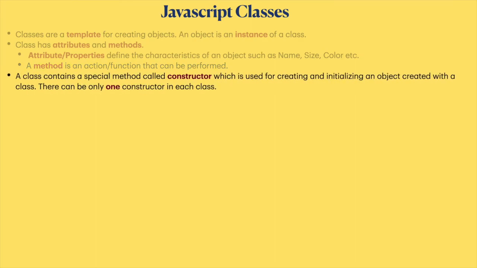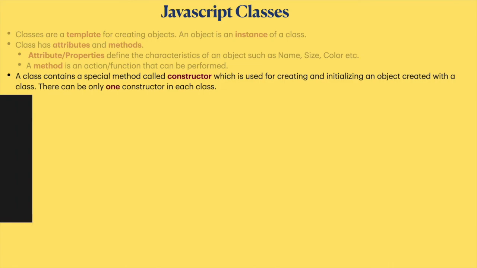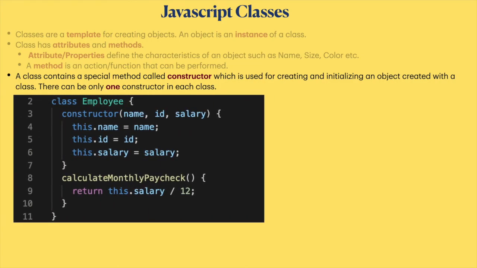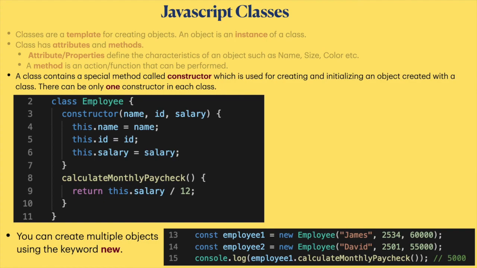Every class contains a special method called constructor, which is used for initializing an object, and there can be only one constructor for each class. And in order to create multiple objects, you use the keyword new, which, when you use it, calls the constructor.